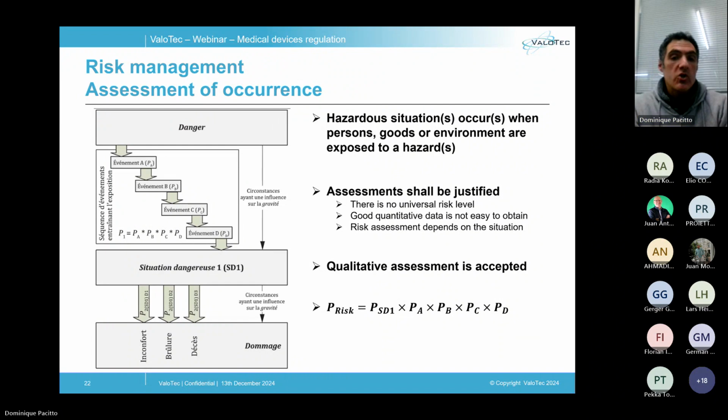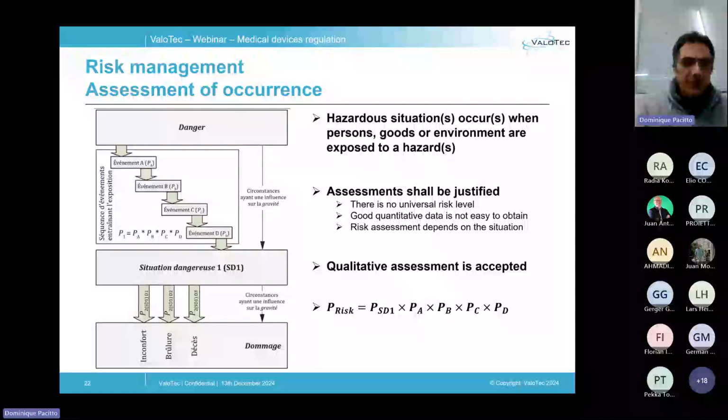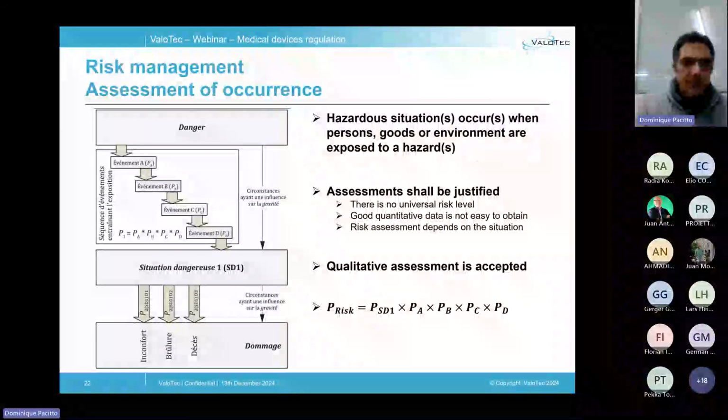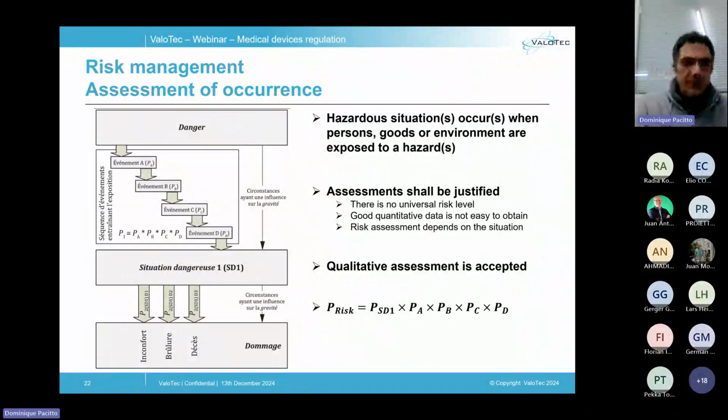And the standard suggests multiplying the probability of each event to get the overall probability of the risk. As for the severity, there is no universal scale for the occurrence, and it's up to you to justify your notation according to your experience and the literature.